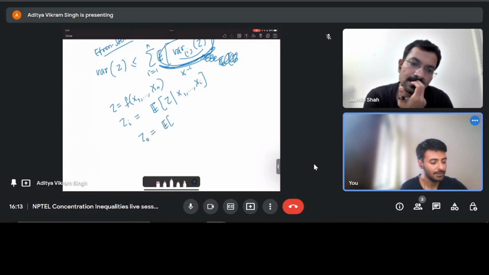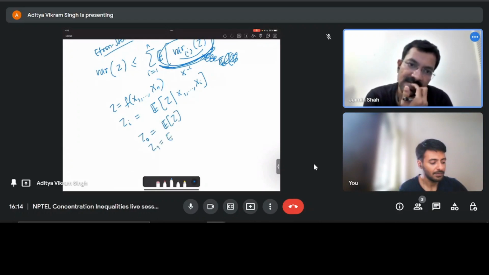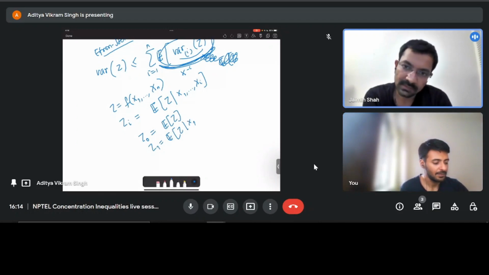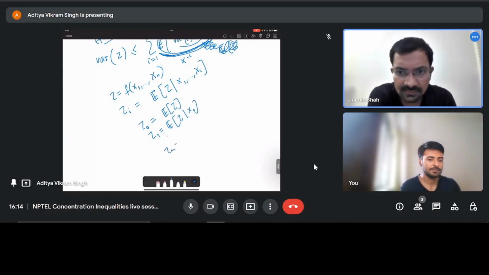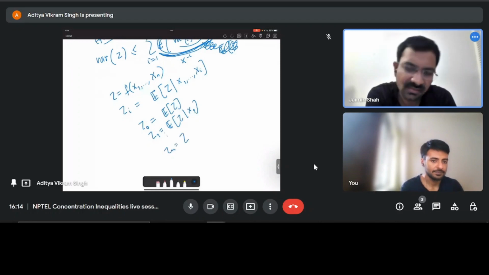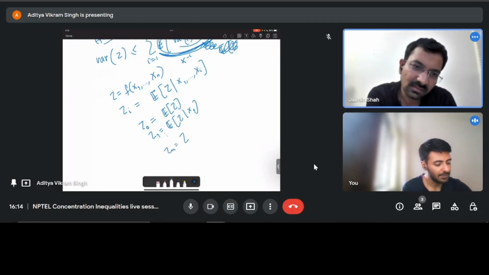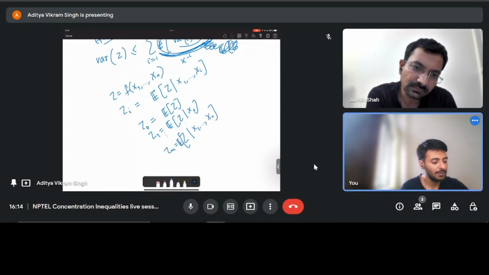That would be the expected value of Z. Again, Z1 is Z given x1 and so on, and then Zn is the expected value of Z given everything. If you know all the xn's, what is the best estimate of f of x1 to xn? It's just f of x1 to xn, which is Z.